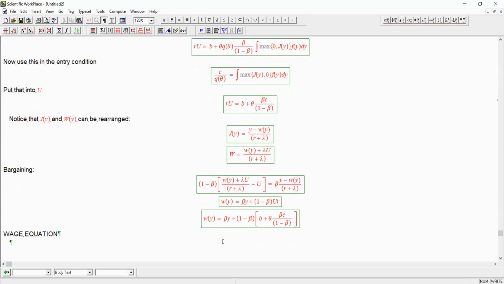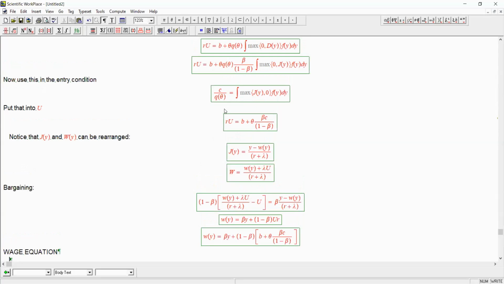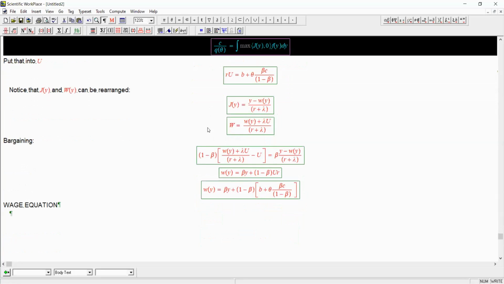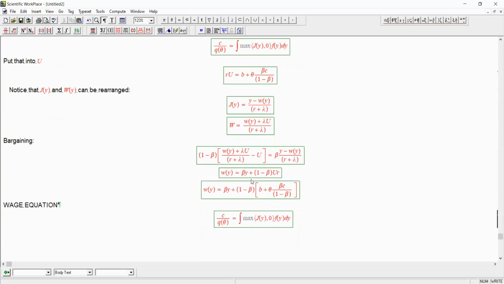Finally, let's combine a couple more equations. So let's take the free entry condition here, combine it with J, which we have here. We'll get the following. Then we plug in the wage equation and we get this. Now, notice that this is 1 minus beta y, and everything here is 1 minus beta.